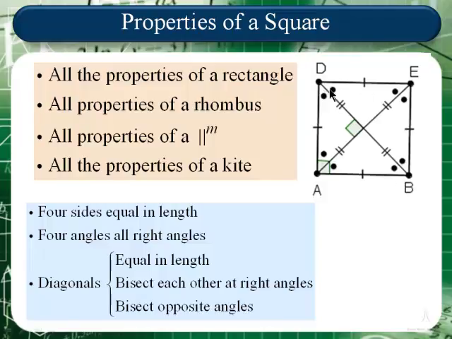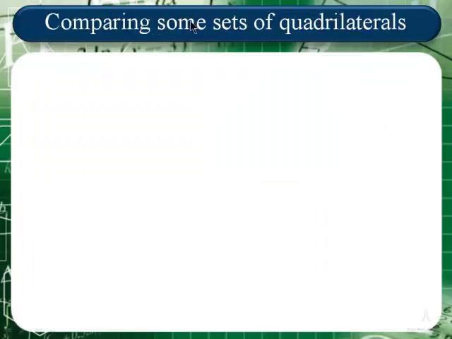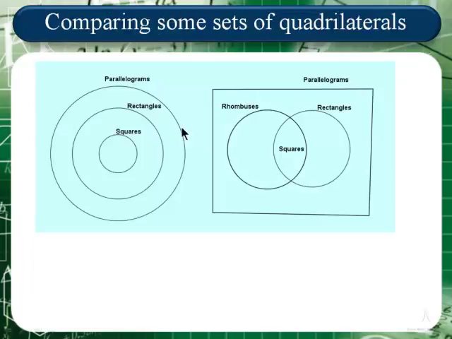Can you see all these pieces, or that particular point there being the midpoint of DB and AD? It means that all these little pieces will have exactly the same length. Let us compare some sets of quadrilaterals.